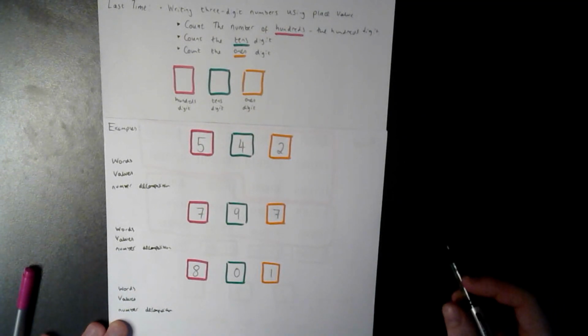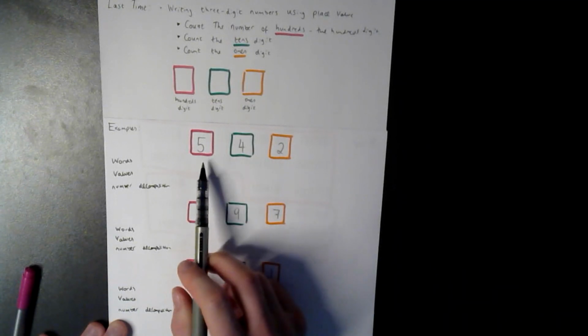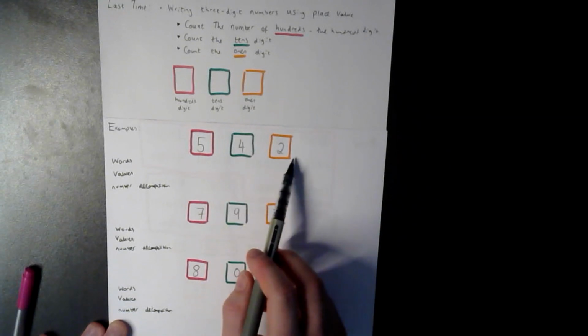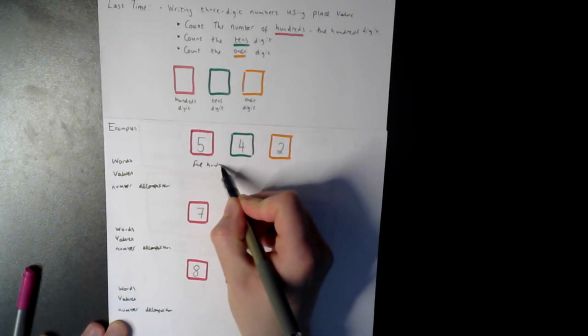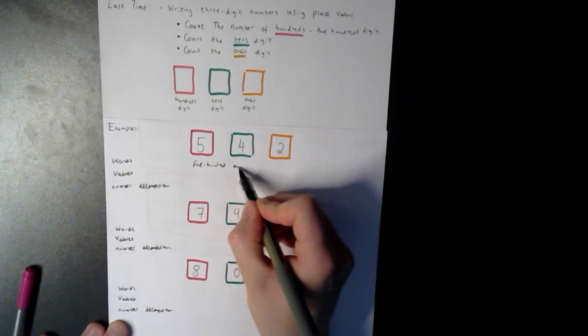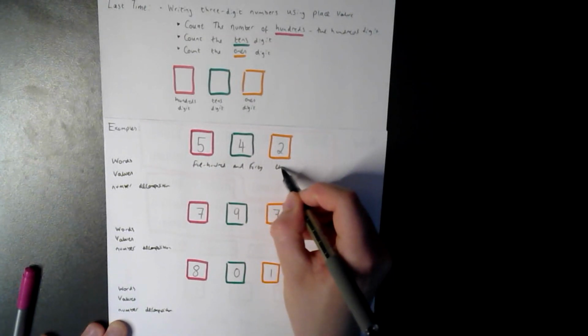Okay, so looking at this first example here, we have 542. So in words, it's 542.